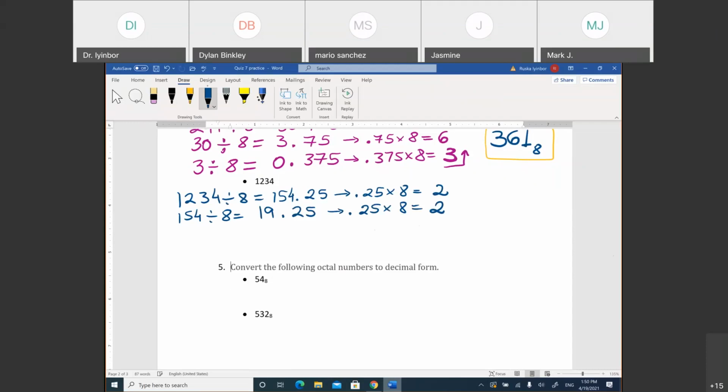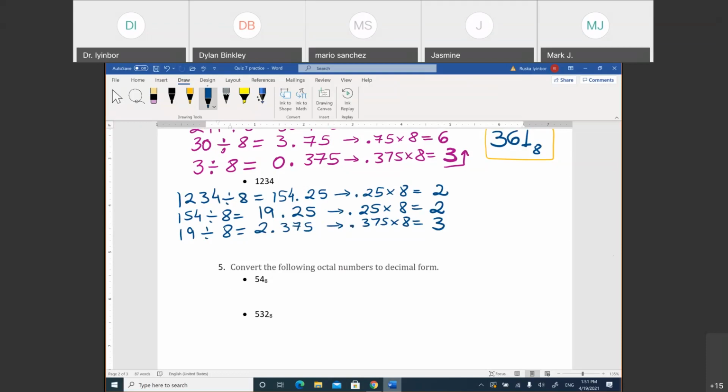Then you're going to continue with 19 divided by 8. It's going to be 2.375. And again, you're going to get the decimal 0.375. Multiplied by 8, that's going to be 3.